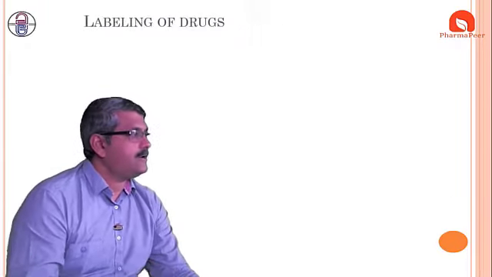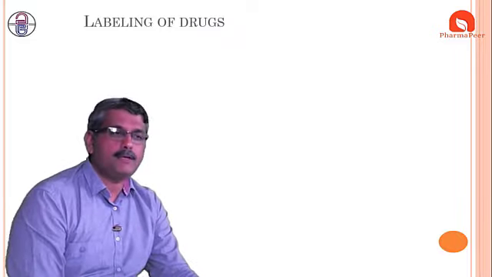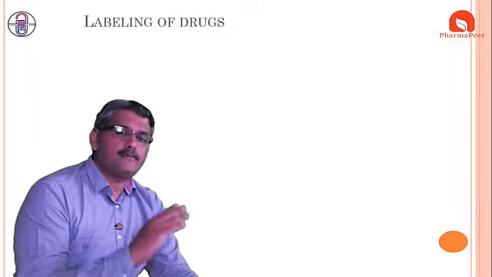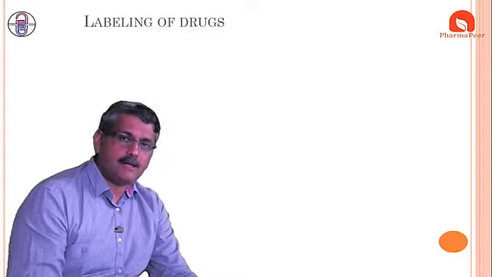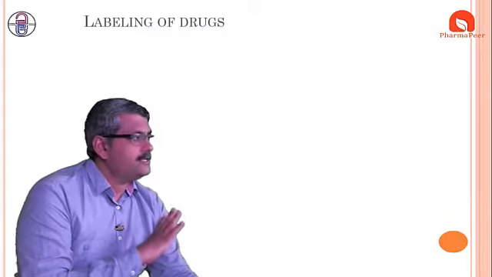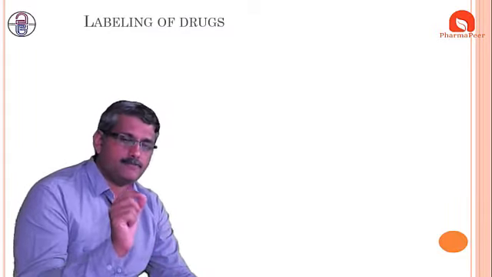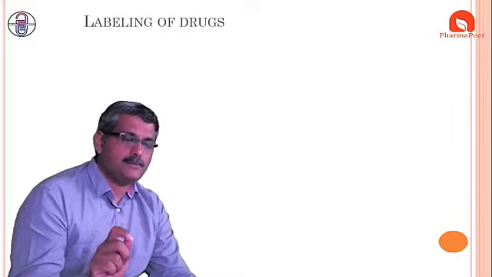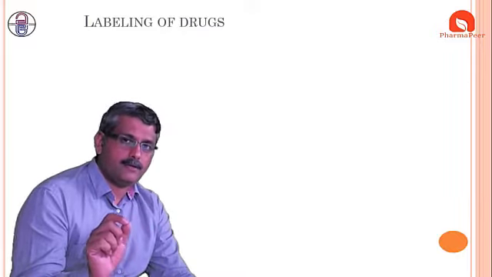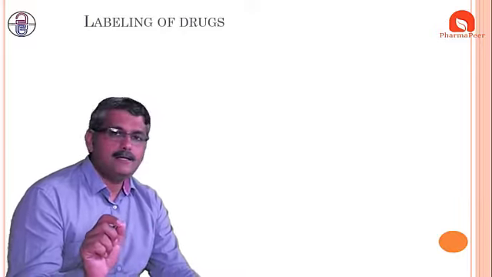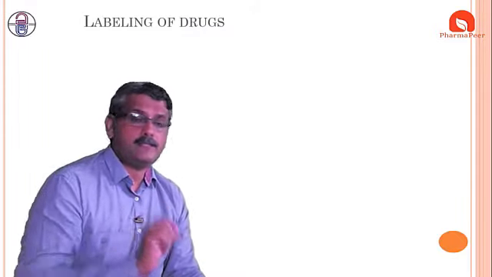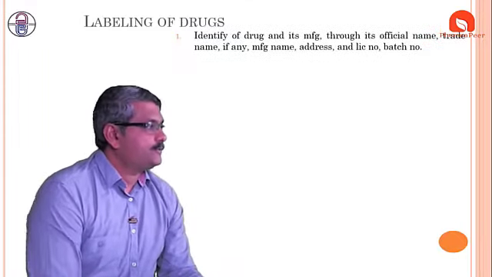Now the next point is what the labeling conditions are. First, we will see some common labeling conditions of drugs, and you already know it very well. I will just go through it, and then I will give important time to the specific labeling conditions, so you will get an idea of what they are.